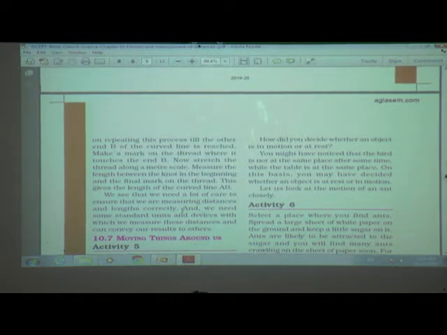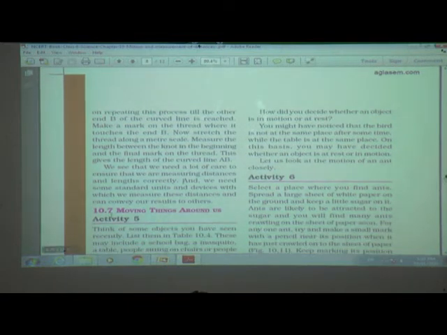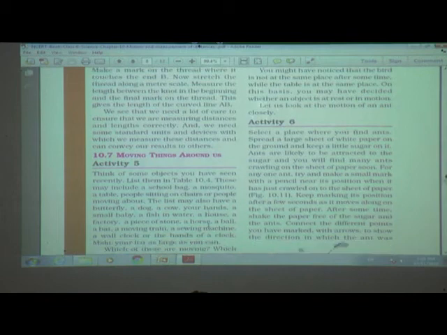Because when we use a string to measure, the result may also be different. For that we need a standard distance, a standard measurement.